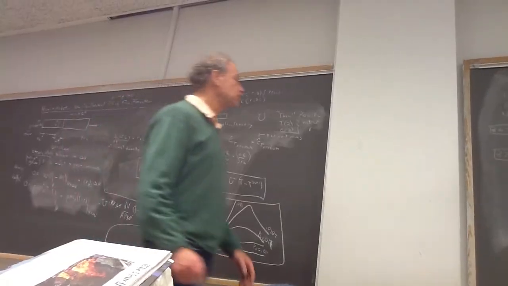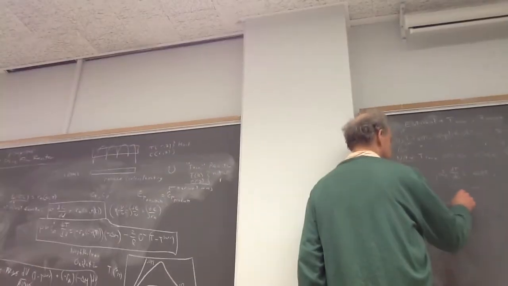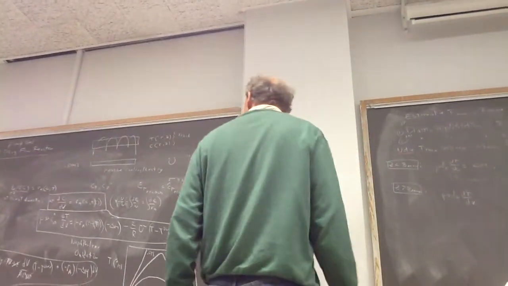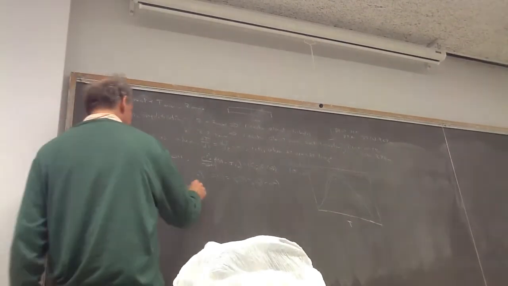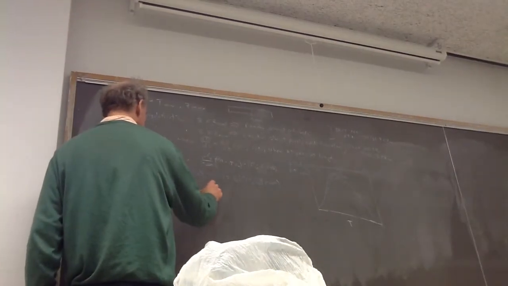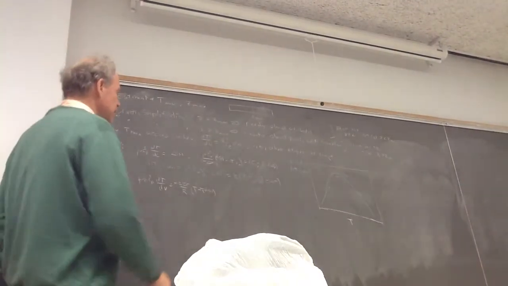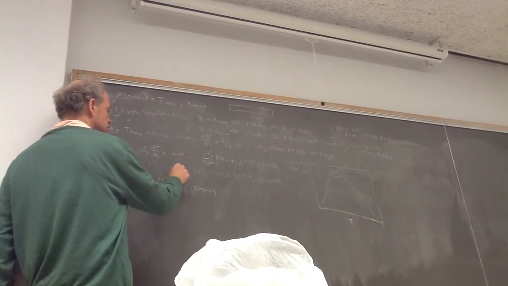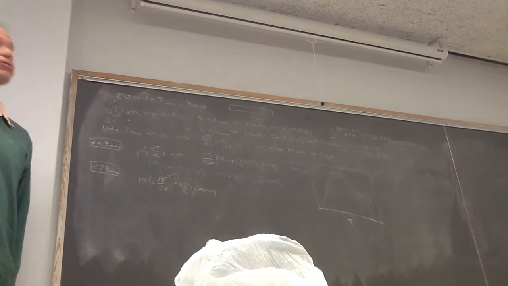So I have rho V Cp dT/dV is equal to minus 2U over R, T minus T surroundings. Okay, I can always subtract a 0 here because the derivative of a constant is 0.